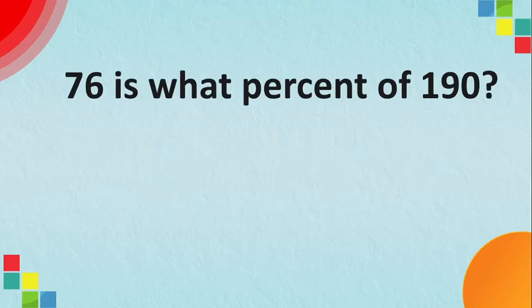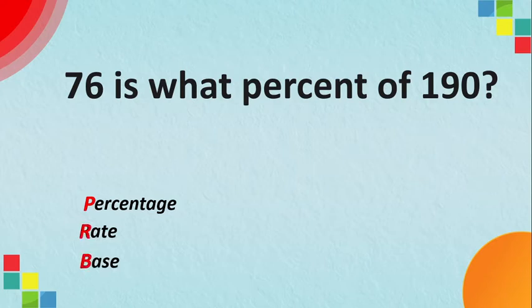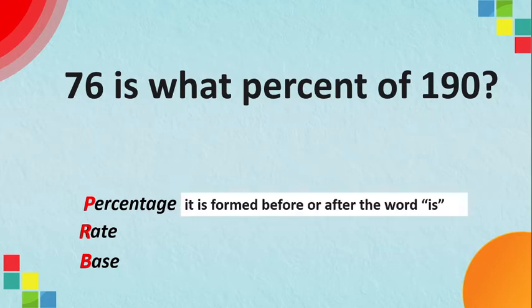76 is what percent of 190? So let's identify percentage, rate, and base. Based on the given definition, percentage is found before or after the word "is". So 76 is found before the word "is". Therefore, 76 will be the element P, or percentage, and "is" can be written as an equal sign.